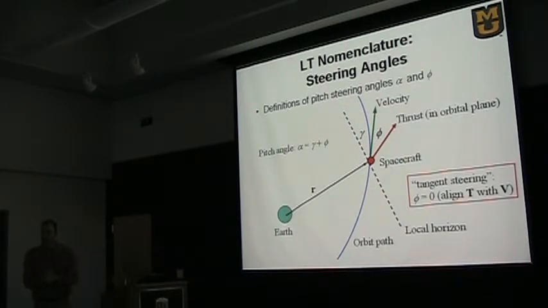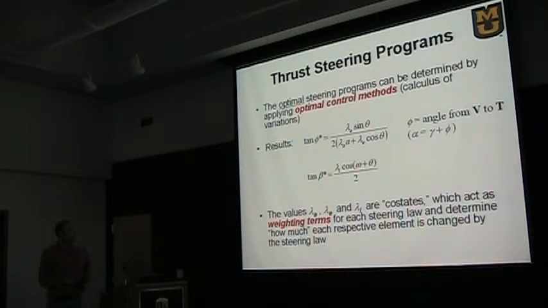Let me just briefly talk about that. Again, this picture indicates the angle phi, the angle from the velocity vector to the thrust vector. If phi is 0, then it's tangent steering. I'm aligning the thrust with the velocity. Here I'm going to wave my hands and say, if you apply optimization theory, concepts like calculus of variations and optimal control theory, you can derive those 2 expressions for the optimal way to steer the thrust.